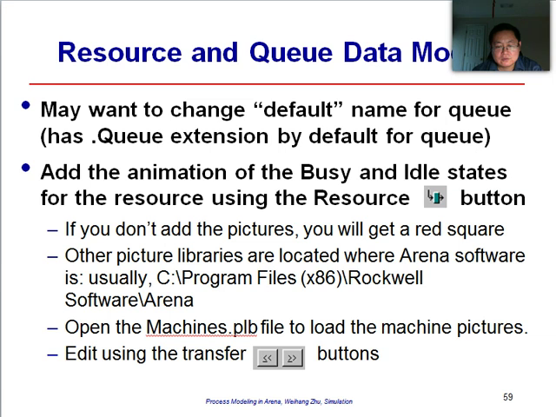Find the pictures you like and click left button to replace the current idle and busy status pictures. Once you are done, click OK to accept the changes. When we are back to the flowchart view, click somewhere close to the drilling center module to place the machine icon.